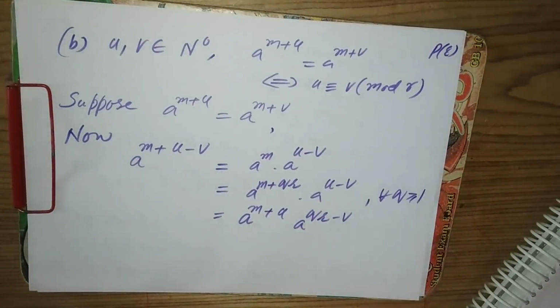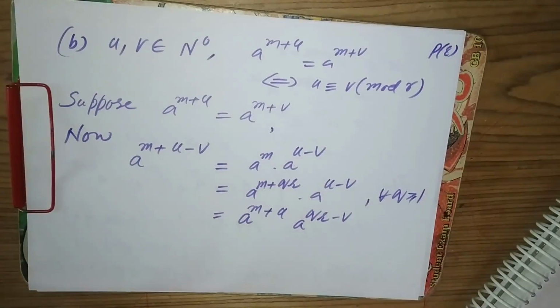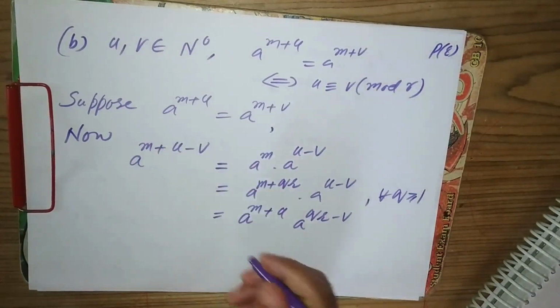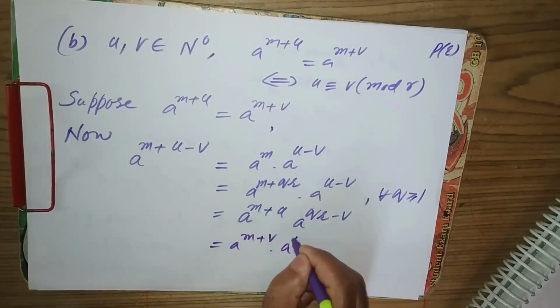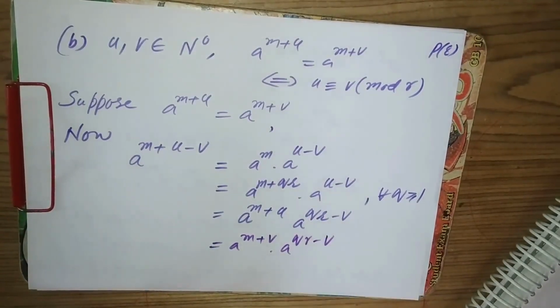Okay. So now this is equal to A power m plus qr, because we are given that here A power m plus u is equal to A power m plus v. So this is equal to A power m plus v into A power qr minus v.